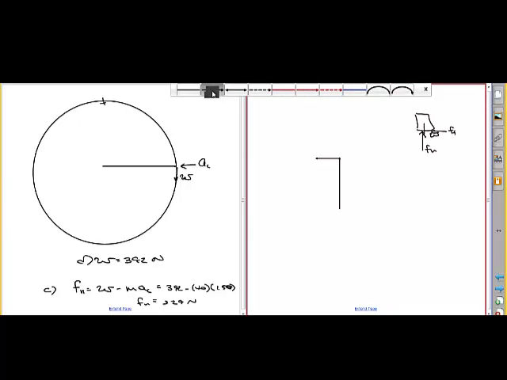So the corresponding force is the vector sum of these two. This one is 392, which is just the weight, and this one is the difference between the two. 392 minus 329, 63. So that's 63 newtons.